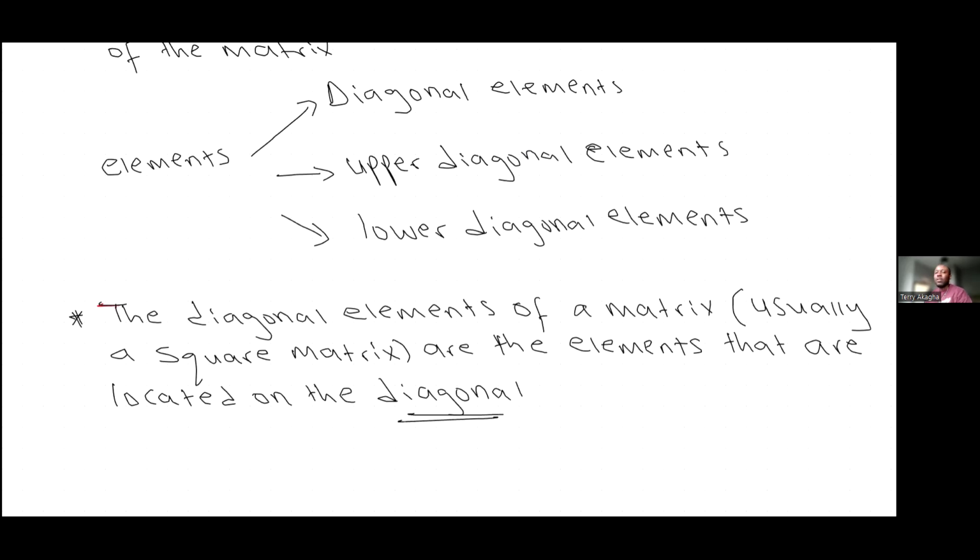The keyword is diagonal of the matrix. So basically, it's from the top left corner to the bottom right corner.